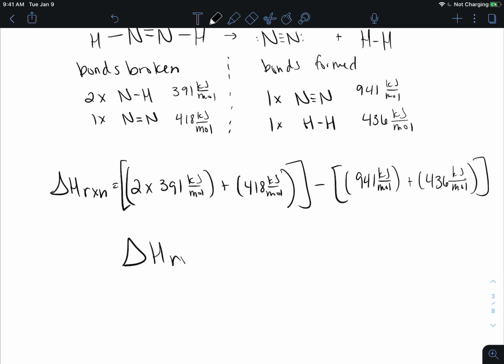And when we do this, we get a value of negative 177 kilojoules per mole. So this is going to be an exothermic process.